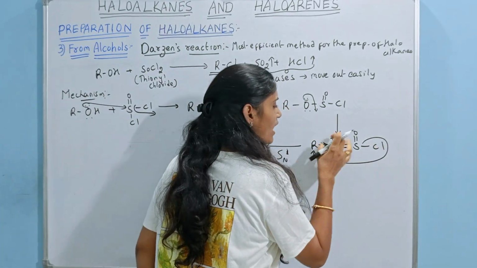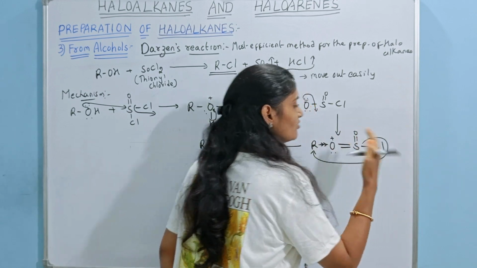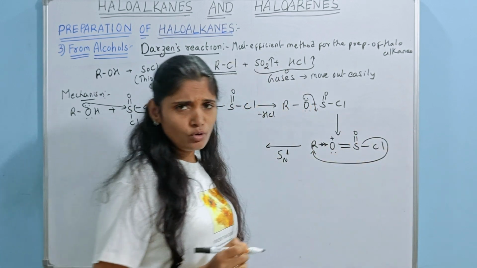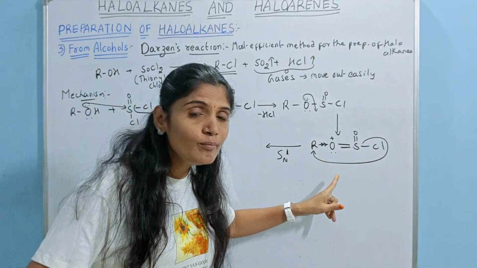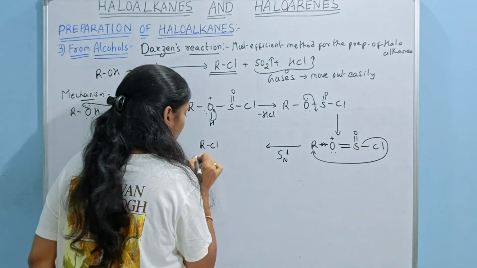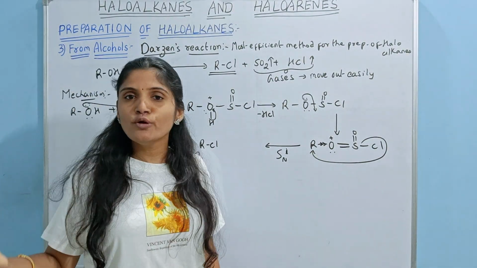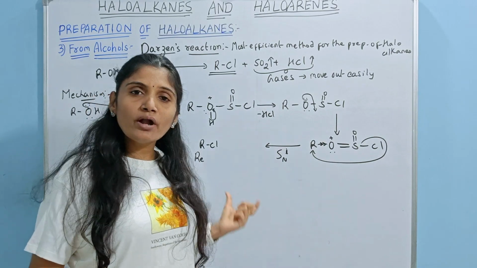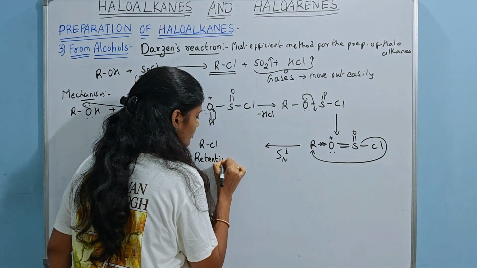Whenever the attack is intramolecular, Cl minus will come and take the same place as the group that is leaving. Oxygen is leaving from R, so Cl minus will come and occupy the same place as oxygen was occupying. So whenever the mechanism is SNi, intramolecular nucleophilic substitution, the product will always have retained configuration.